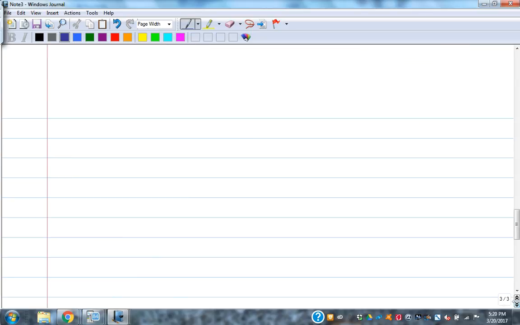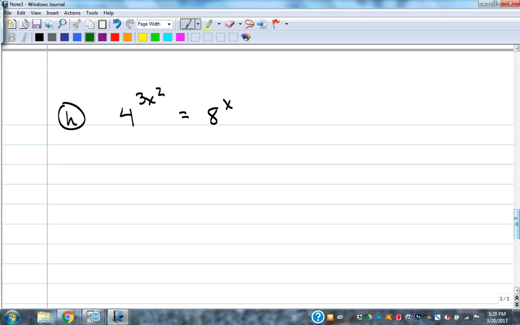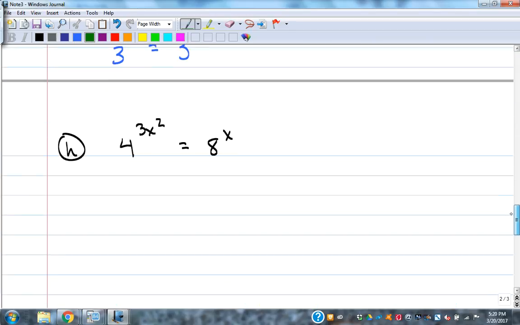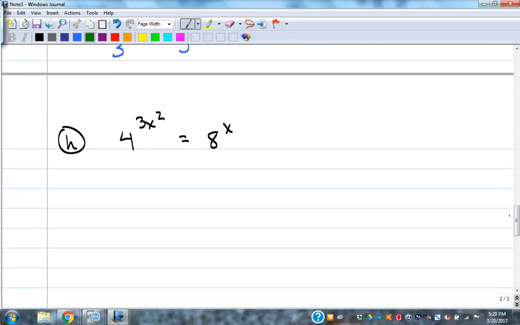Let's look at one. 4 to the 3x squared is equal to 8 to the x. So this is similar to example F. We've got to think the same way. Exponentially, 4 turns into 2 squared.